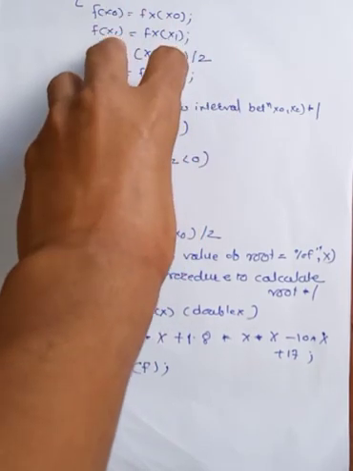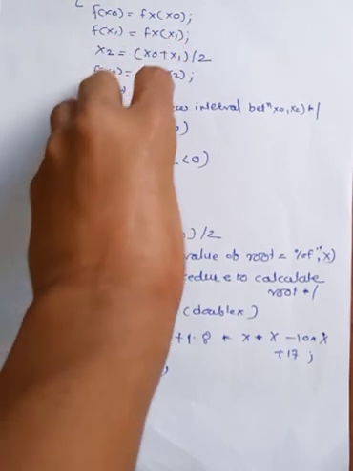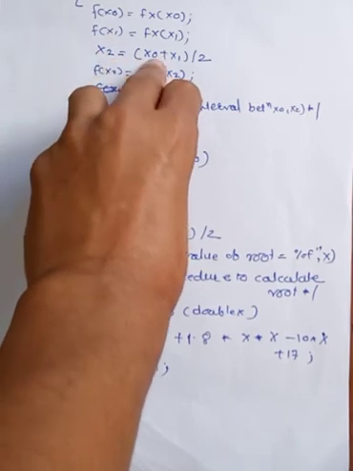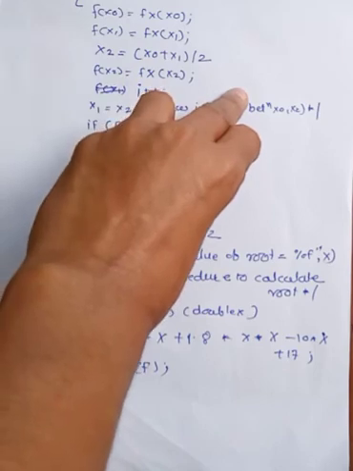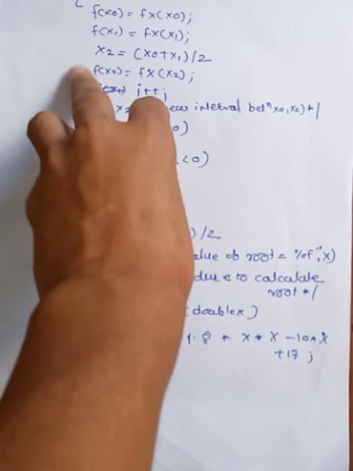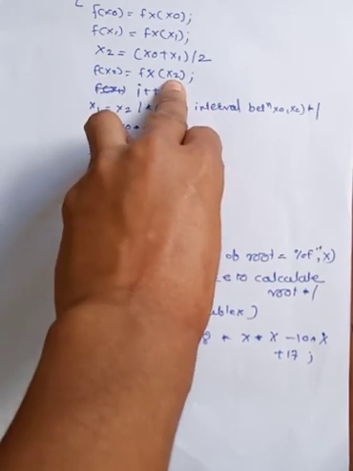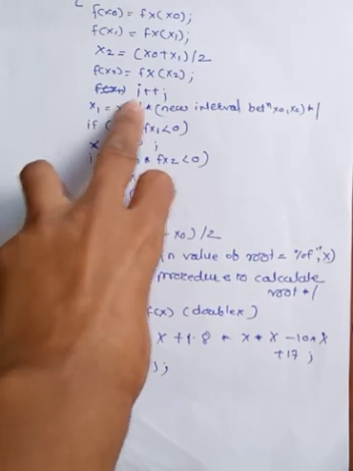So these functions are defined with the roots x0 and x1, and here the x2 value can be calculated by taking the midpoint of x0 and x1. Once you obtain the x2 value, you can calculate function of x2 with the value of x2 root.